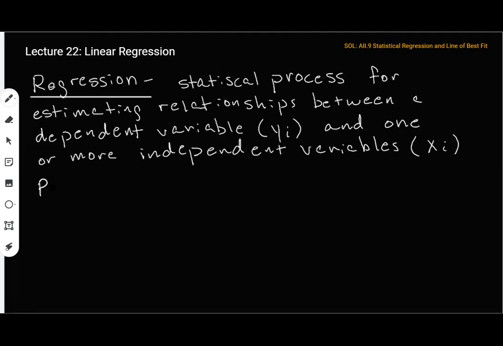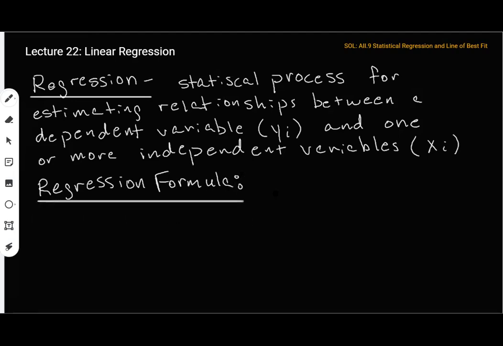All right, so the regression formula is what I want to talk about next. Regression formula. So when we do the regression formula, it's going to be yi is equal to f, where f is going to be a function of one or more independent variables.